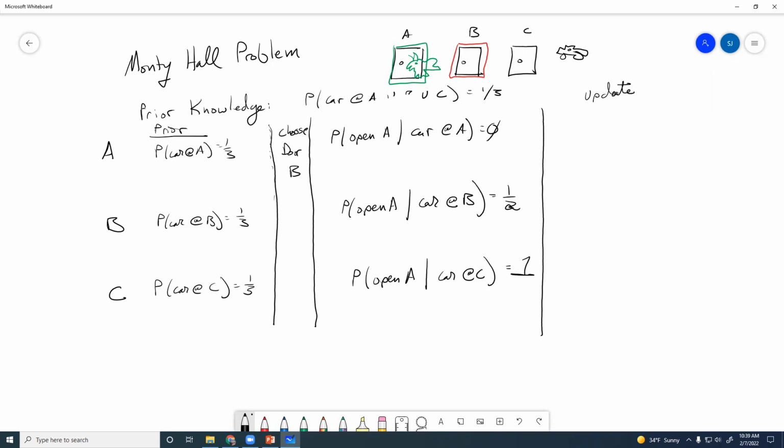So we can say the chances of a car being behind each door given the event. I'm just going to move this up real quick.